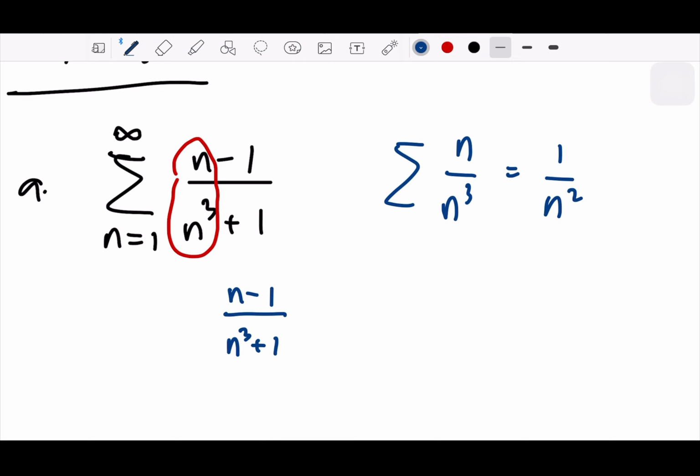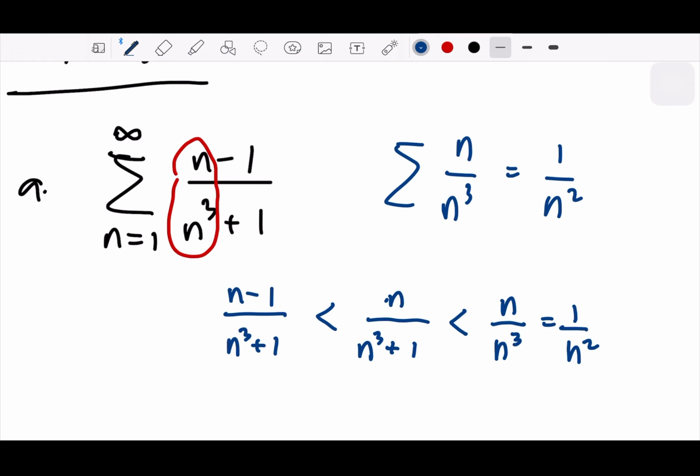Perhaps we can start with less than n cubed plus 1, okay, and we can take this into another level, that is n cubed, or this is 1 over n squared. Okay, I think this is logical, right? Okay, so I think we can take this as our approach. Okay? We can take this to check the series with the comparison with 1 over n squared.